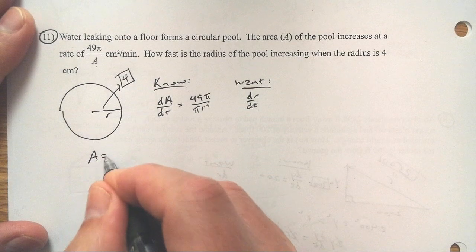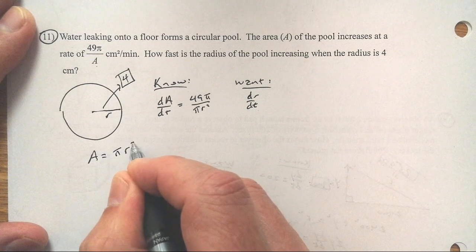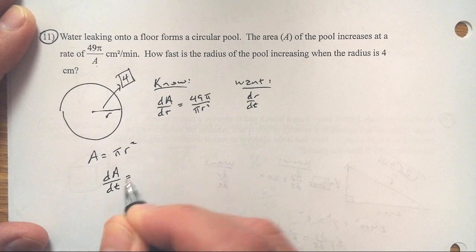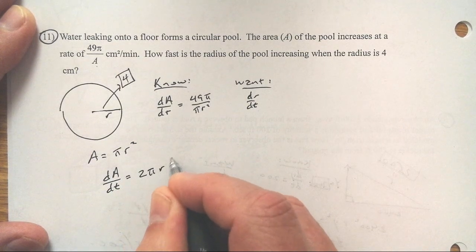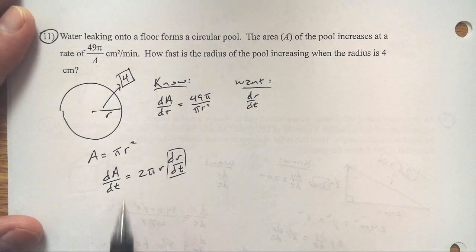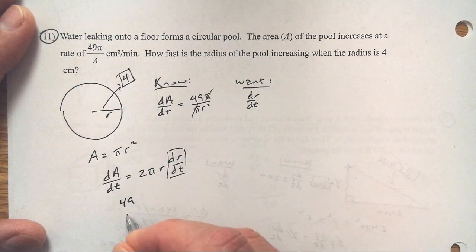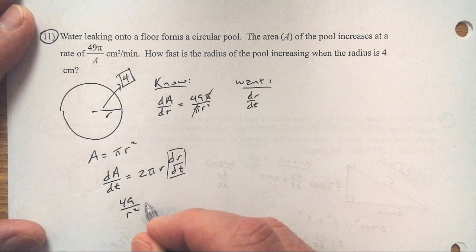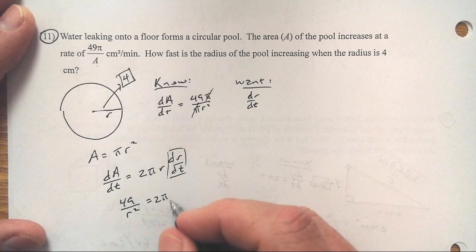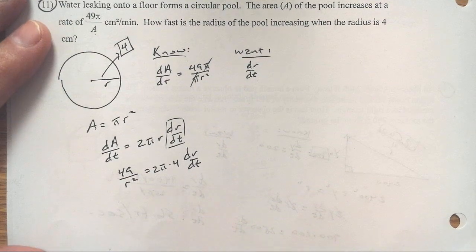So our area is pi r squared. dA/dt is 2 pi r dr/dt, what we're looking for. dA/dt, pi's cancel, is 49 on r squared. When r is 4, dr/dt, kind of riding uphill here for some reason.